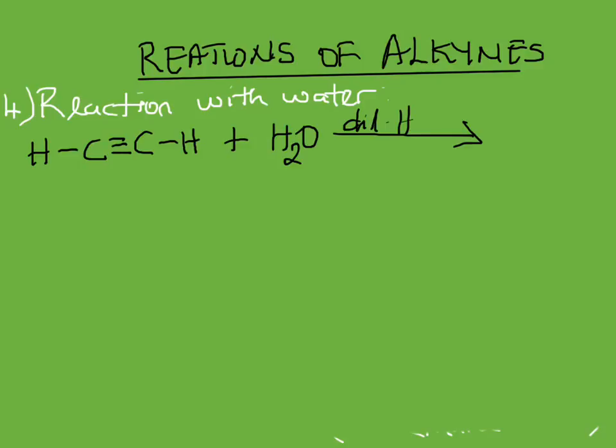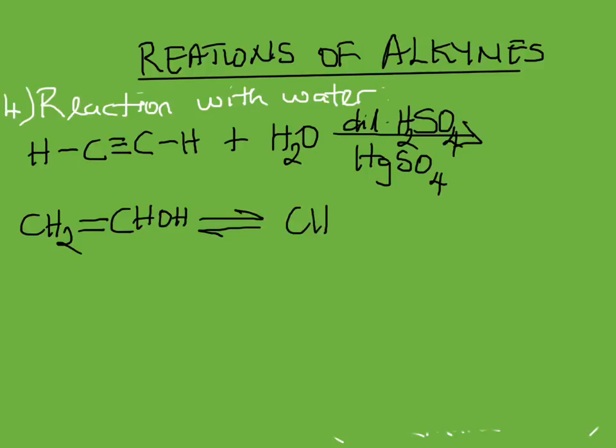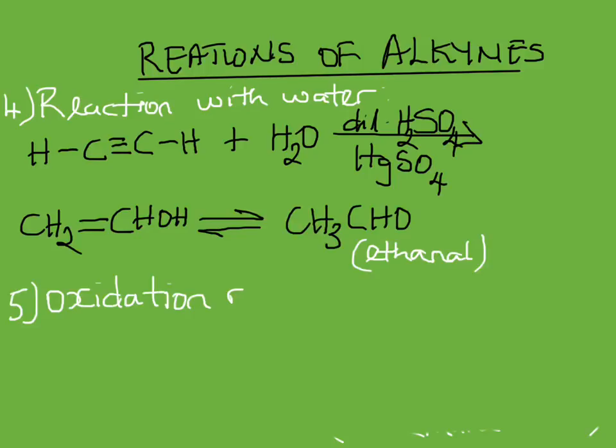In the hydrolysis of ethyne, ethenol is first produced and later ethanal. The ethenol and ethanal are in dynamic equilibrium with the ethanal predominating.